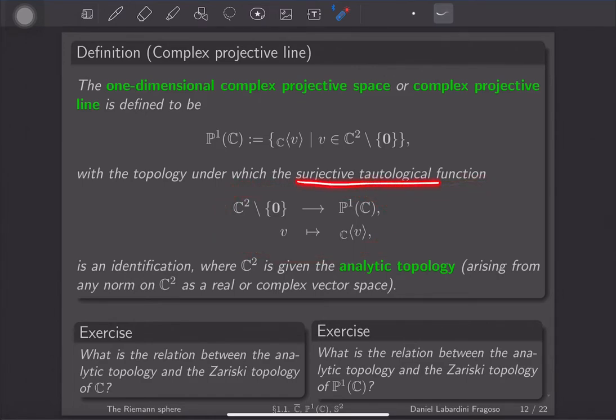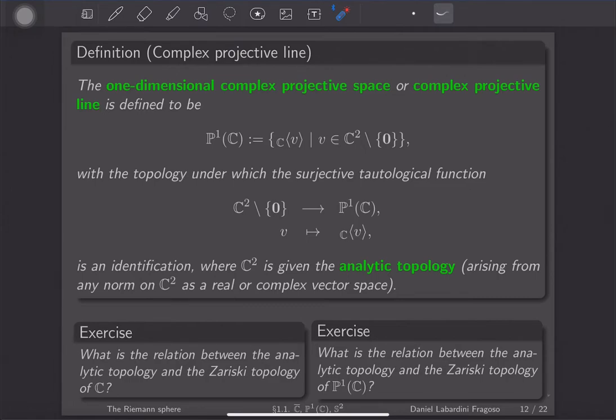It is clearly surjective. And I topologize this space in such a way that this tautological map is a quotient. I didn't want to say the word category, but it's an identification map in topology.